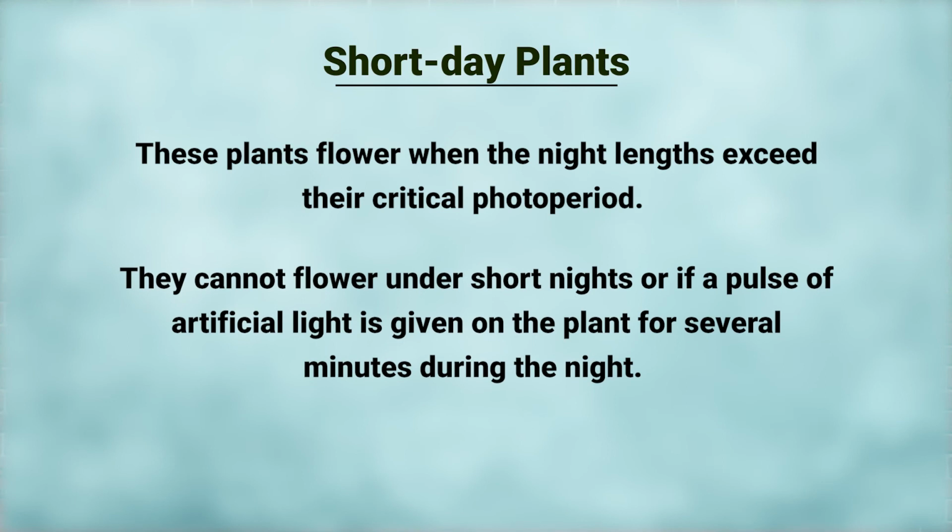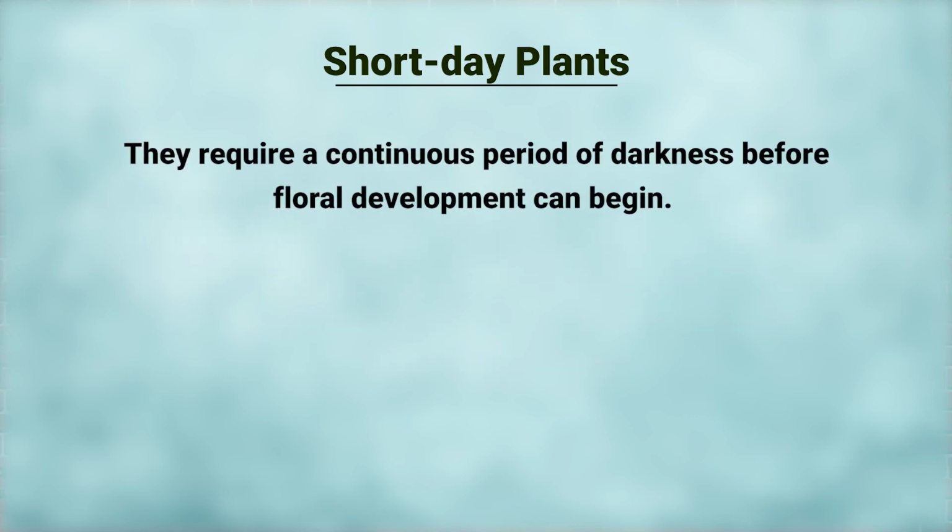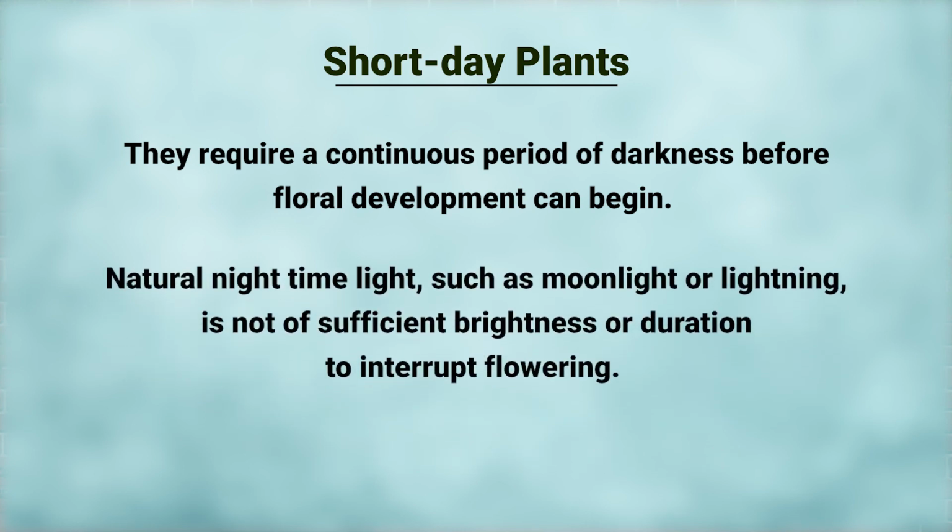Short day plants flower when the night length exceeds their critical photoperiod. They cannot flower under short nights, or if a pulse of artificial light is given to the plant for several minutes during the night. They require a continuous period of darkness before floral development begins. Natural night time light such as moonlight or lightning is not of sufficient brightness or duration to interrupt flowering.